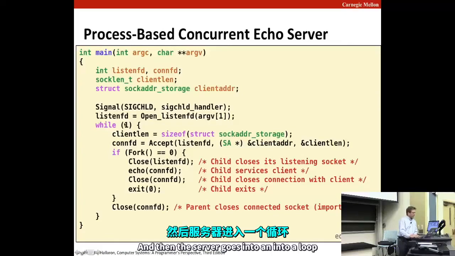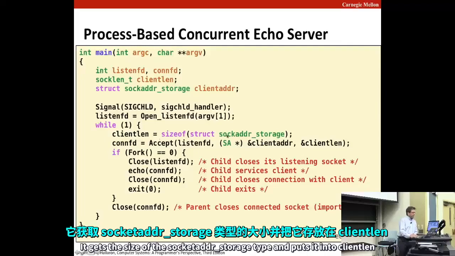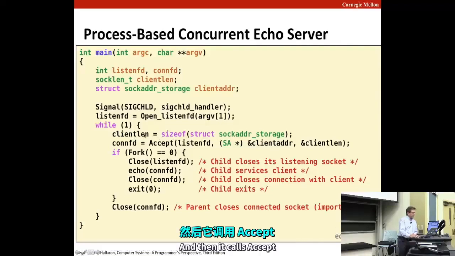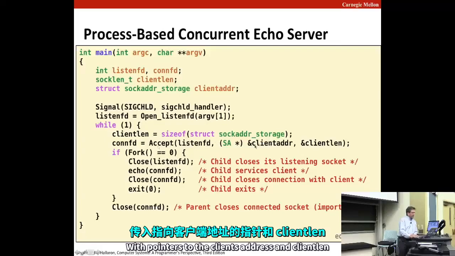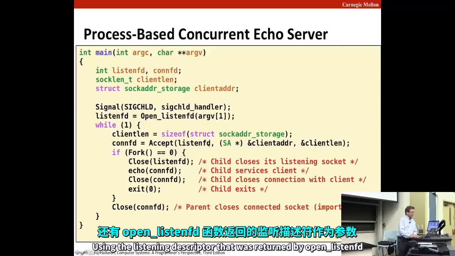And then the server goes into a loop, and in each iteration, it gets the size of the sockaddr_storage type and puts it into clientlen. And then it calls accept with pointers to the client's address and clientlen, using the listening descriptor that was returned by open_listenfd.